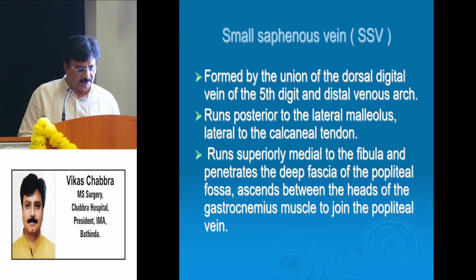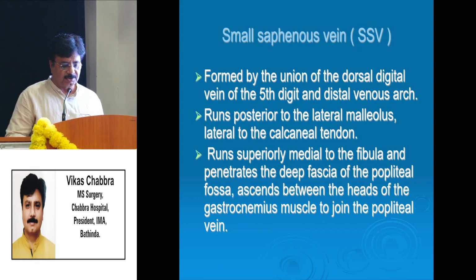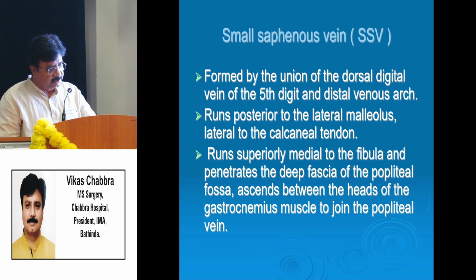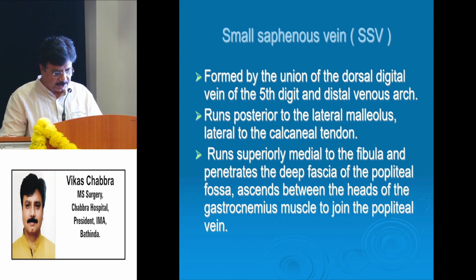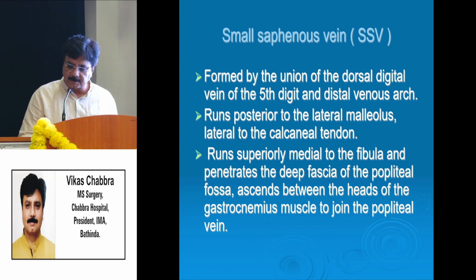Another is small saphenous vein, which is formed by the union of dorsal digital veins at the 5th digit of the distal venous arch, runs posteriorly to the lateral malleolus and between the calcaneal tendons, and then it dips into the popliteal fossa into the popliteal vein.